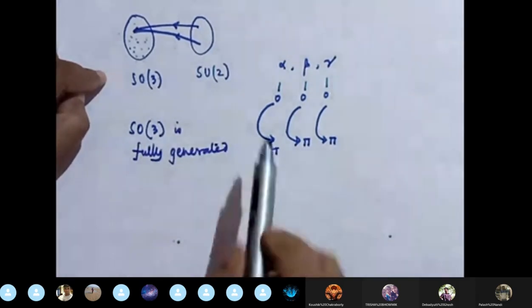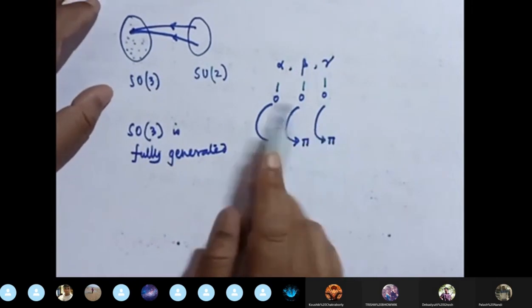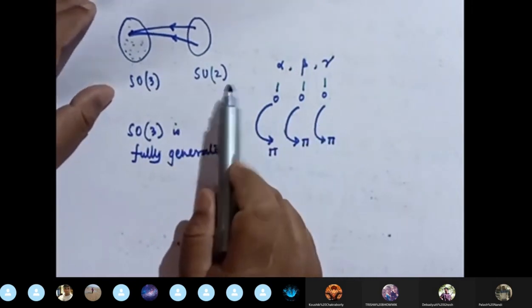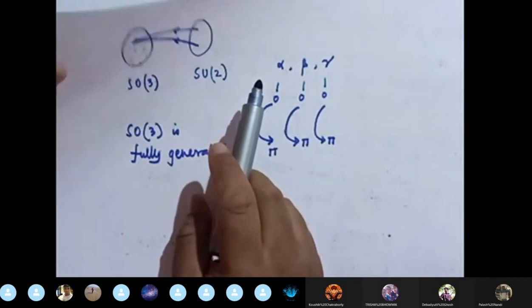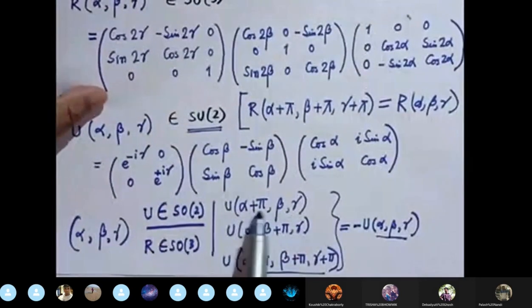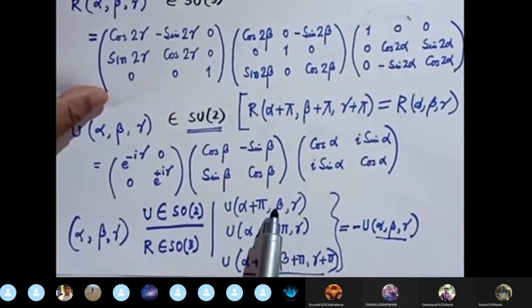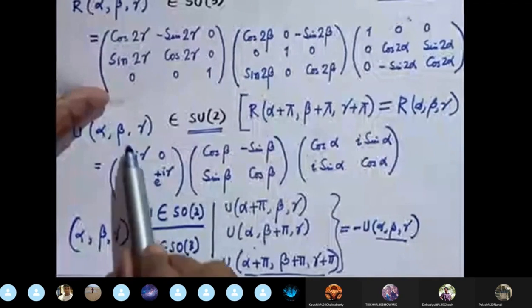But if you come from 0 to pi, the SU2 group is not fully generated, because this is not the same as this, and you can easily see one will become identity.